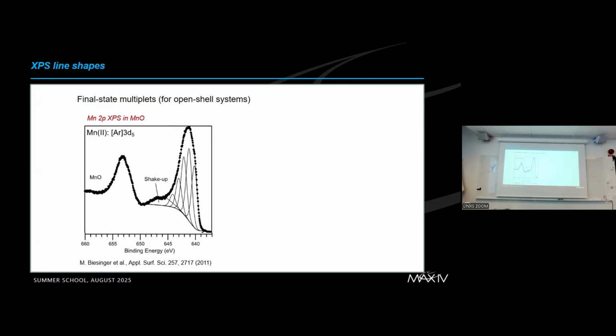And this complex shape here is due to the same effect: when we create a core hole, the core hole can couple differently to the spins of electrons in the valence shell, creating a variety of different multiplet peaks. So, in principle, if you want to make a good peak fit of this, you have to calculate the multiplet structure and use several peaks for fitting just one chemical state. So it's a complication.